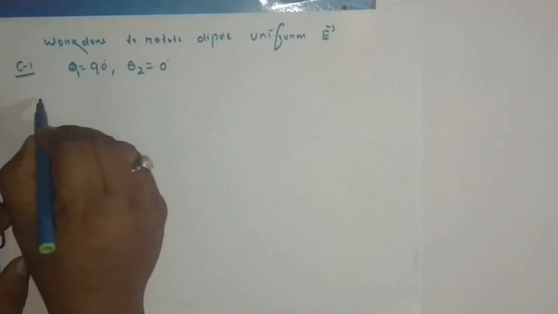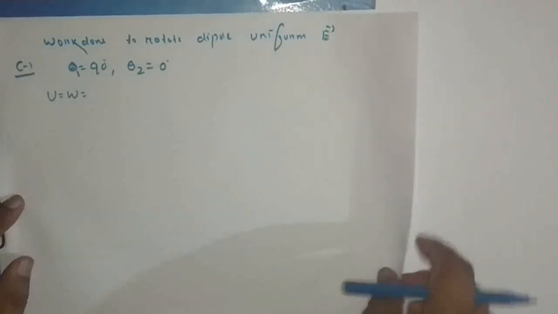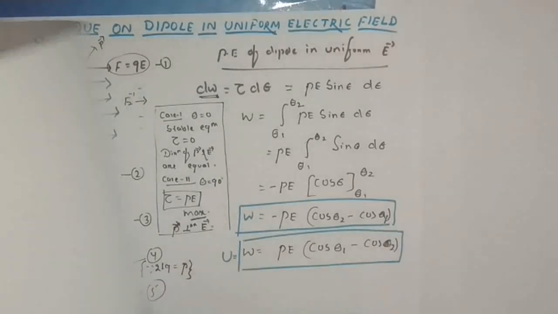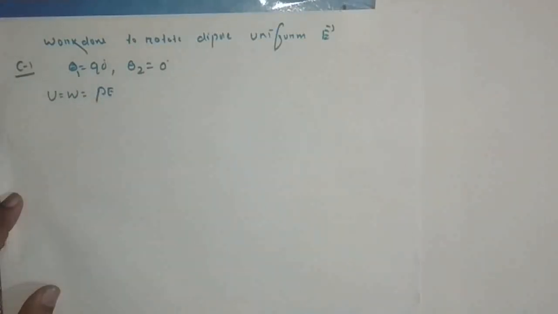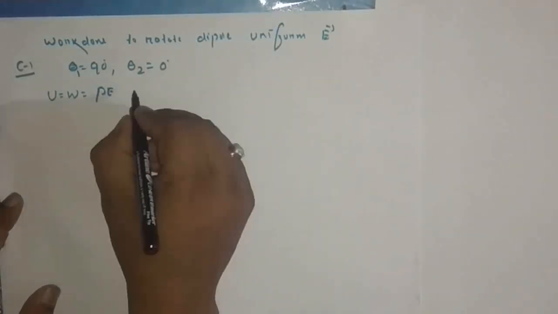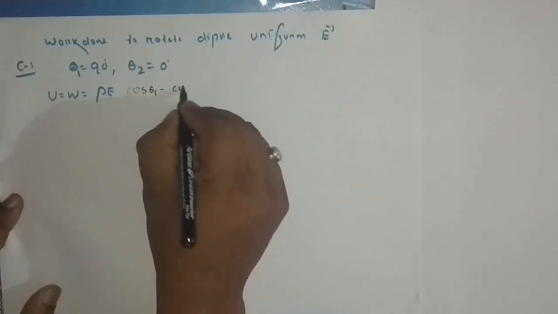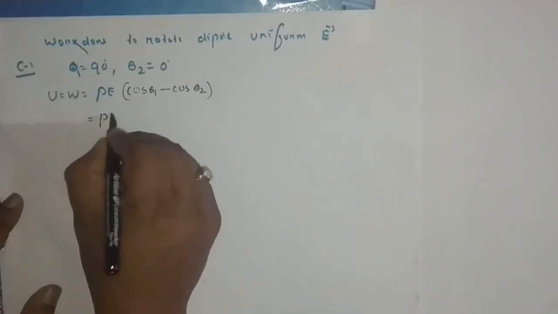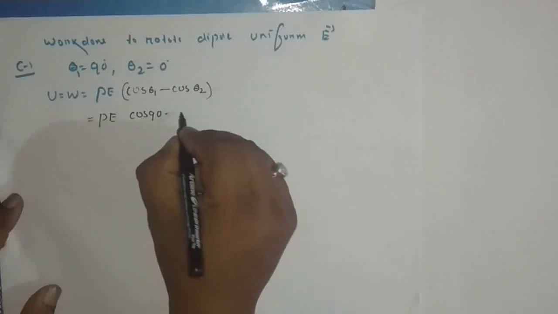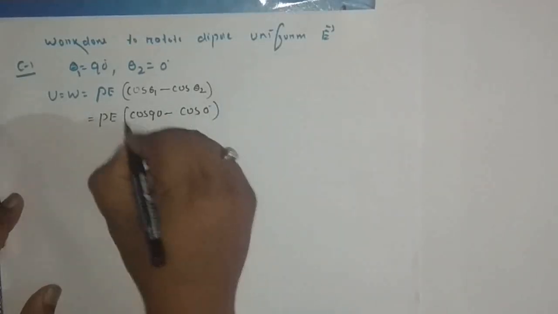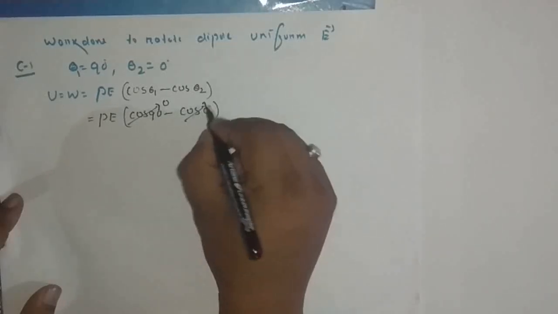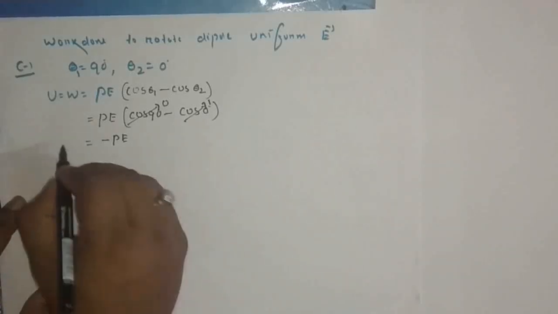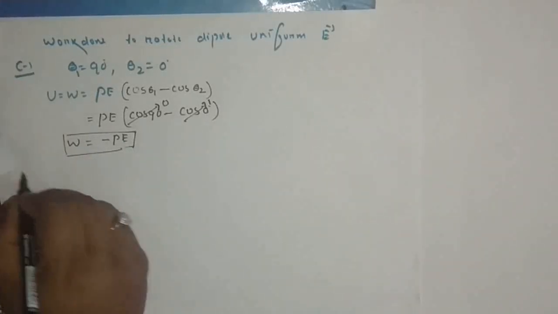So in this case, the potential energy, or the work done, will become, whichever formula you choose, suppose I choose the last one: PE (cos theta 1 minus cos theta 2). So theta 1 is 90: cos 90 minus cos 0. Cos 90 is 0, cos 0 is 1, so I am getting minus PE. So my work done will be equal to minus PE.